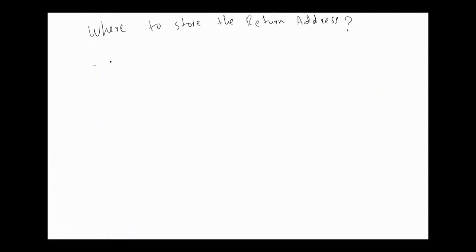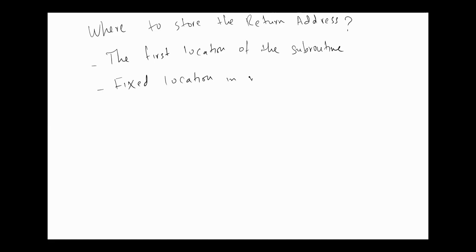In the basic computer, it was stored in the first location of the subroutine. It can be stored in a fixed location in memory, or we can use one of the processor registers to store the return address, or in a memory stack.